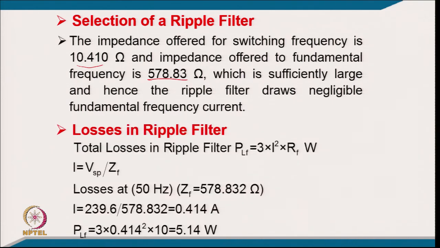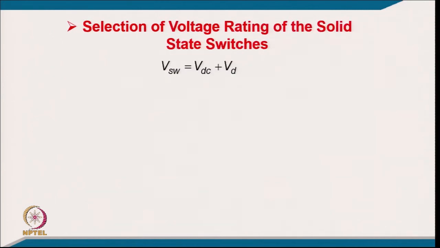The losses in the ripple filter will be PLF equal to 3 I square RF, and I is VSP upon Z. For losses at 50 hertz, you can find the impedance at 50 hertz of this ripple filter, and the current will correspond to 0.414 ohm. The losses in all three phases, 3 into this current square into 10 ohm, come only 5.14 watt irrespective of the rating. So that much is the only loss in this ripple filter.